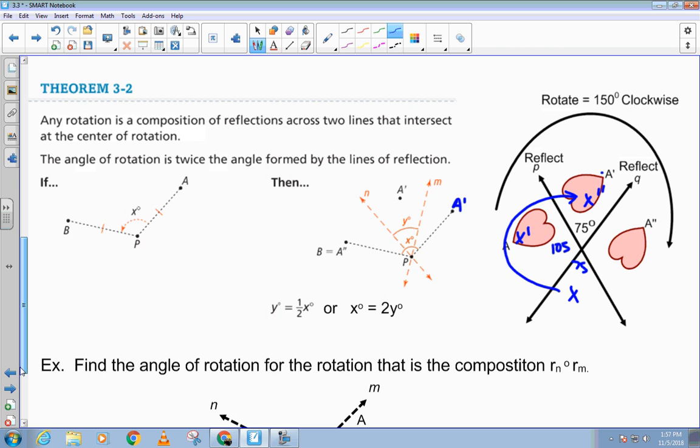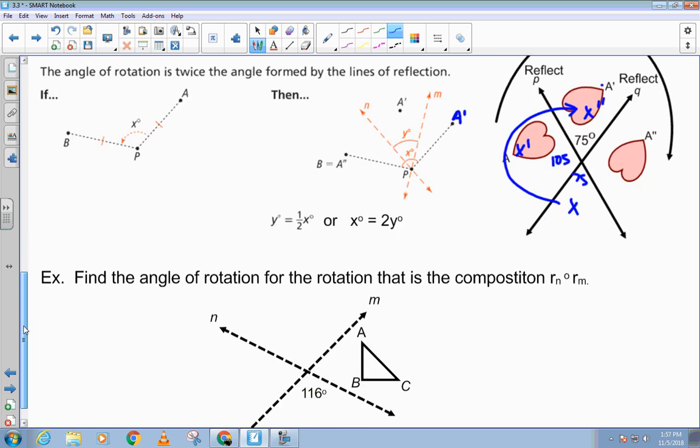I wrote it as the angle of rotation is 2 times the angle created by the intersecting lines. It's the same formula, okay? It's just a rearrangement of it. I just find it easier to say the rotation is 2 times the angle that it reflects over. I think that's easier to understand. But that's the equation for both ways.